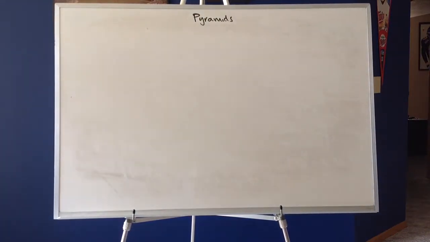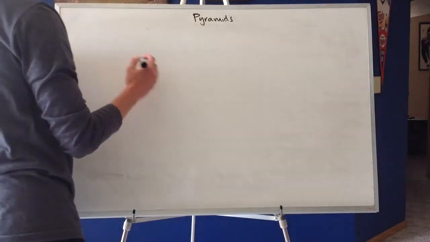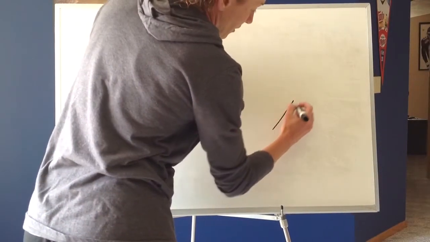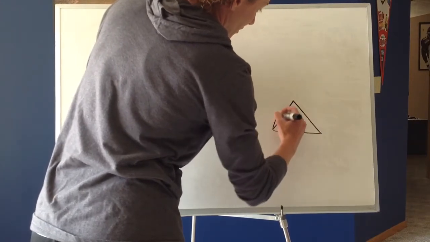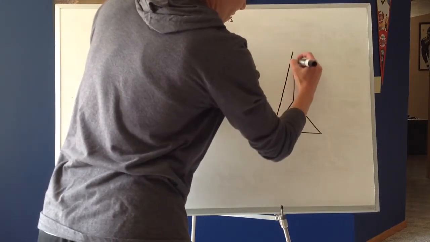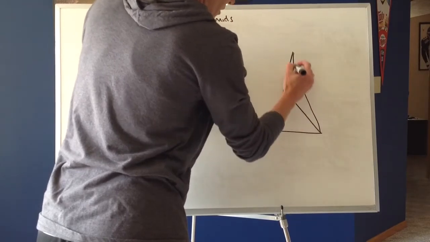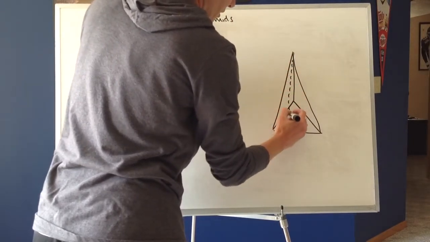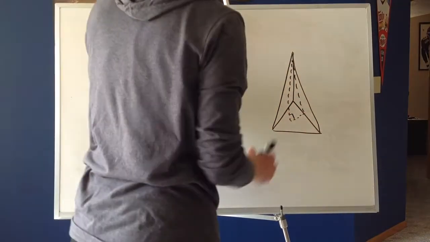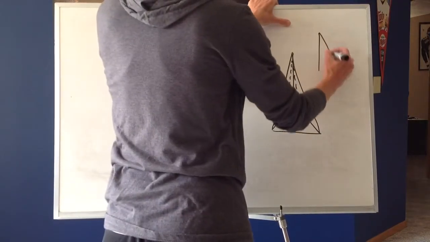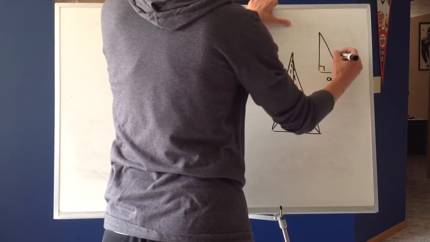Next one we're going to do is going to be an equilateral triangle. So that's the big triangle. Again, if it helps you to draw it off to the side, go ahead and do that.